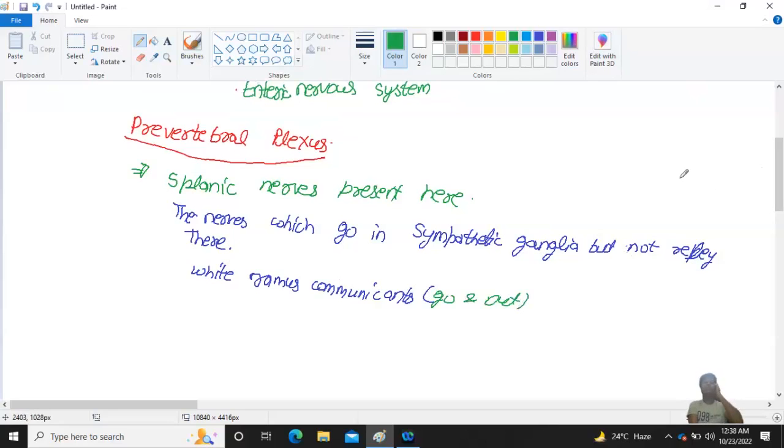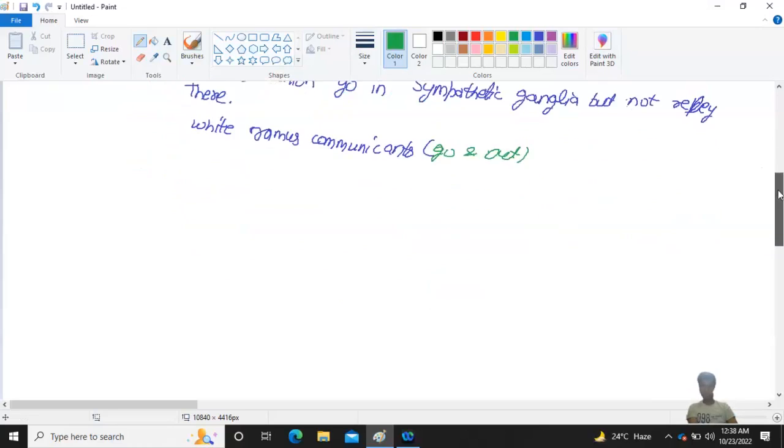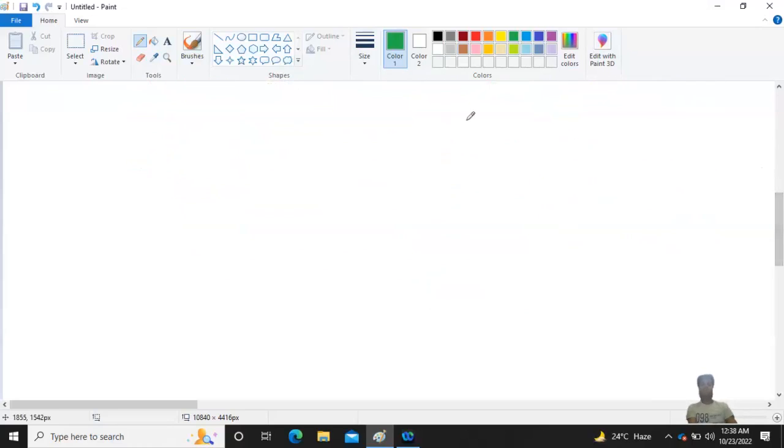So first, how is it designed? For this we take a diagram. Let's say this is the sympathetic chain. First, we draw the spinal cord.